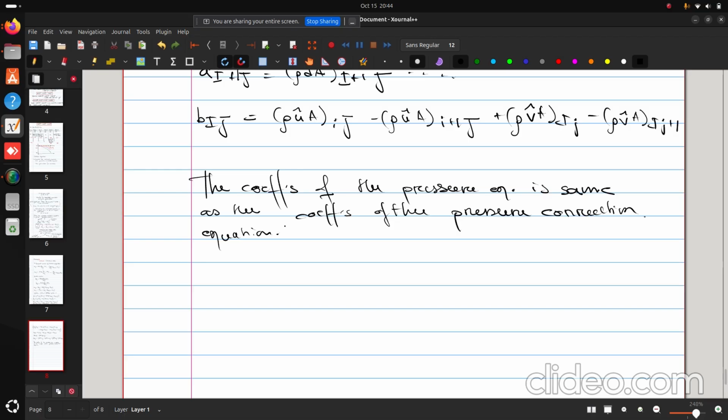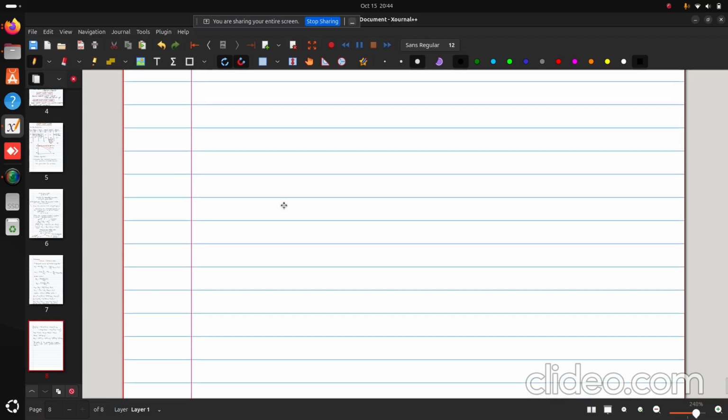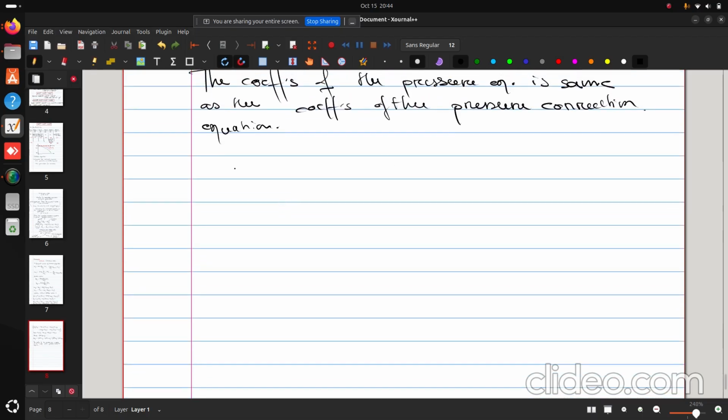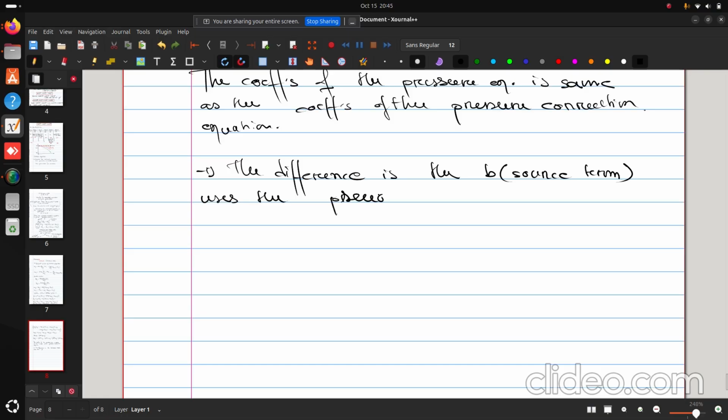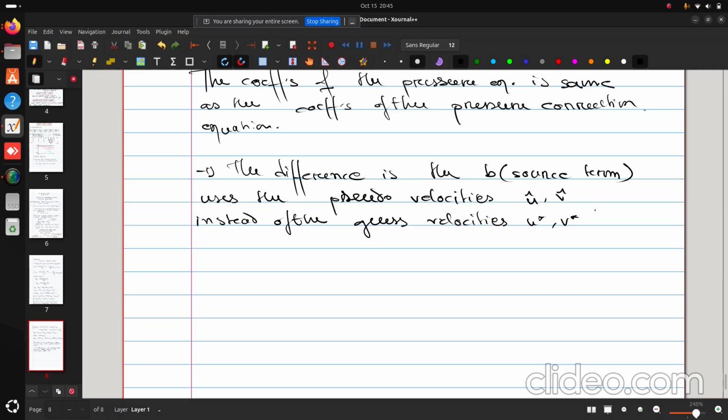The difference is that the source term B uses the pseudo velocities u hat and v hat instead of the guess velocities, the u stars and v stars, right?